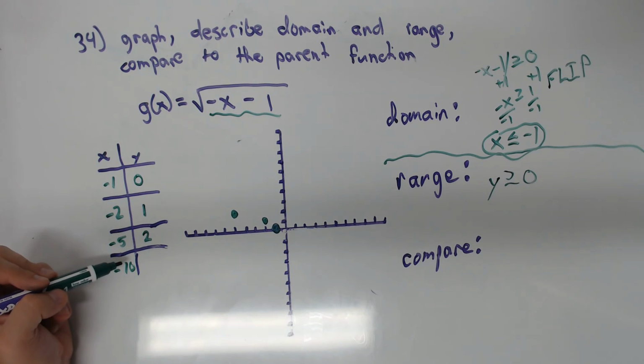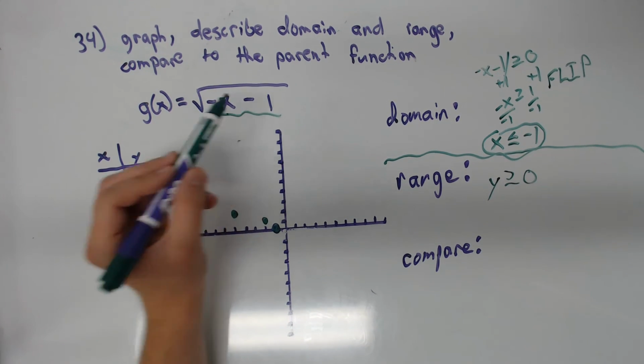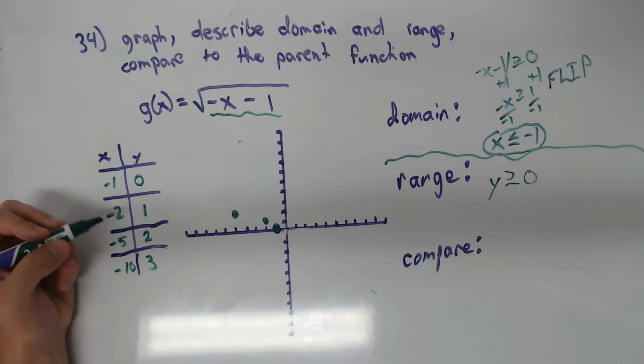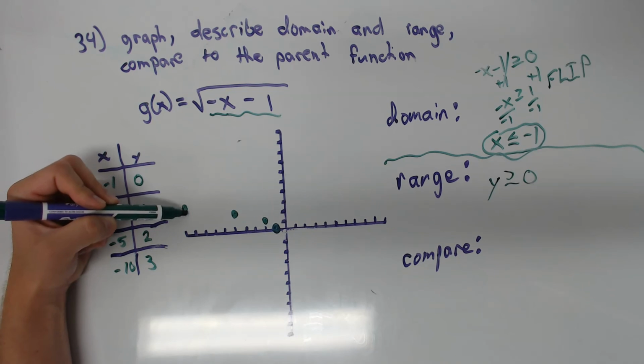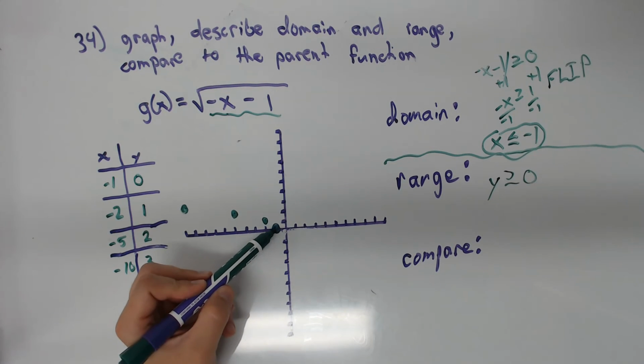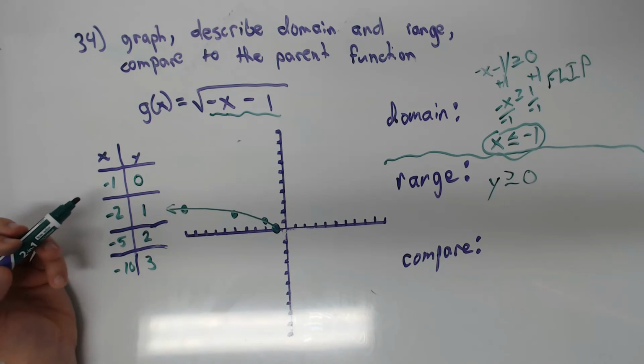And then negative 10. Negative 10 is positive 10. 10 minus 1 is 9. Square root of 9 is 3. So negative 10 comma 1, 2, 3. That's going to make this sideways parabola looking thing, just like it did during the unit.